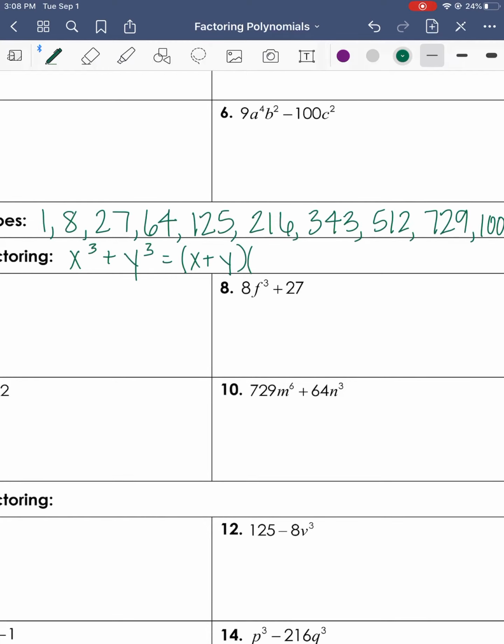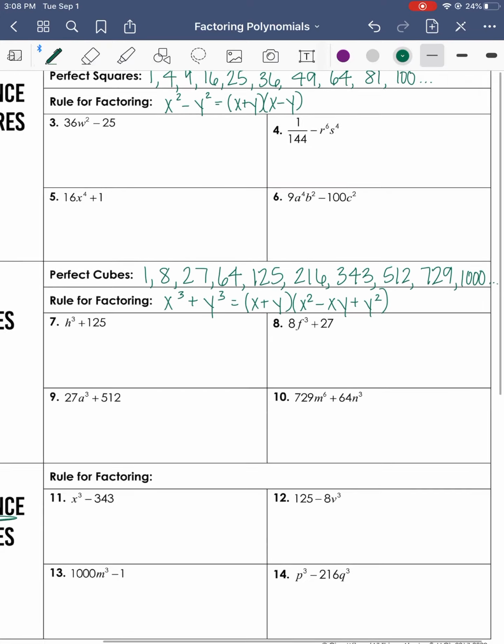And the second, you'll have a trinomial here, which will be x squared minus xy, which is important, plus y squared. Like I said, this is very similar to the difference of cubes method with just a couple of sign changes. So in some places where it's negative, it'll be positive, or where it's positive, it'll be negative. Okay, so just make sure you keep track of that.